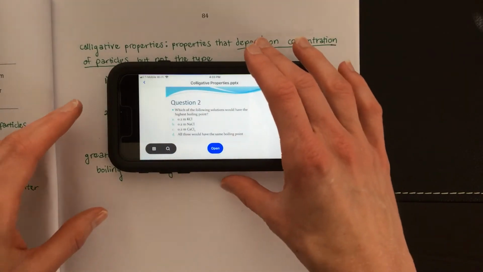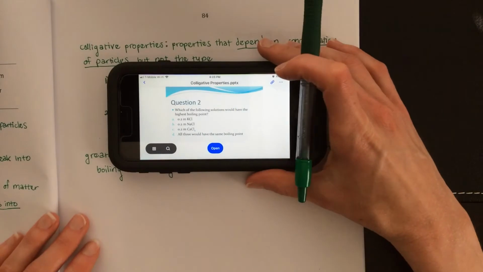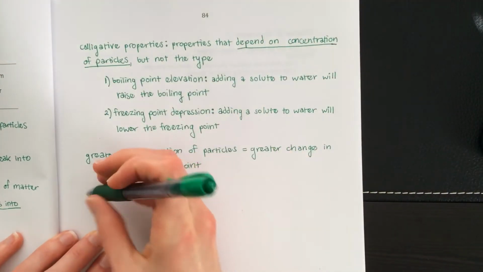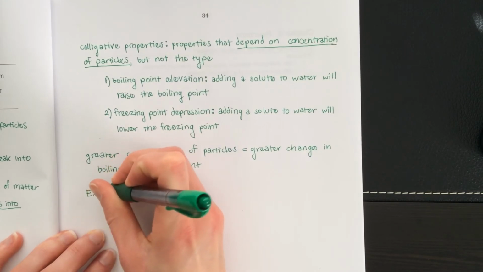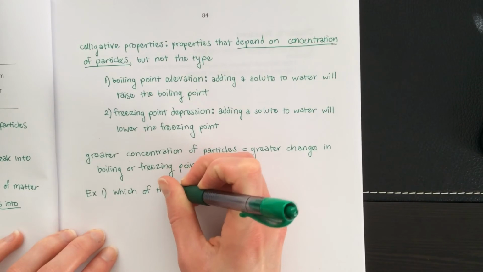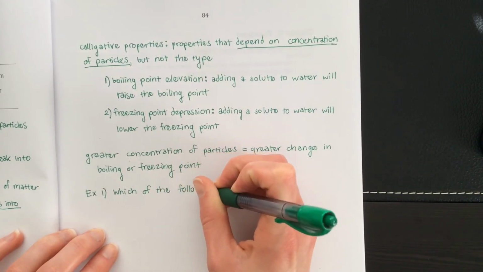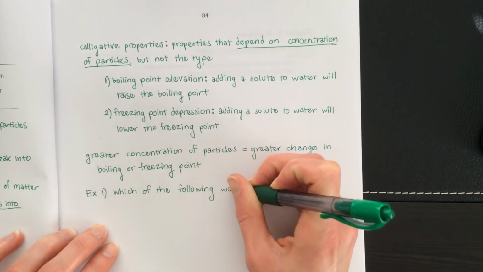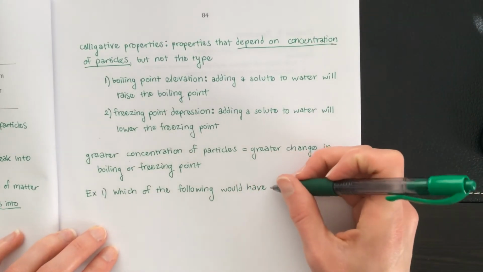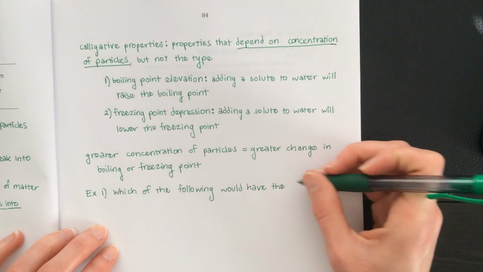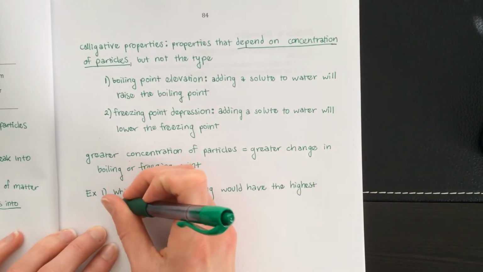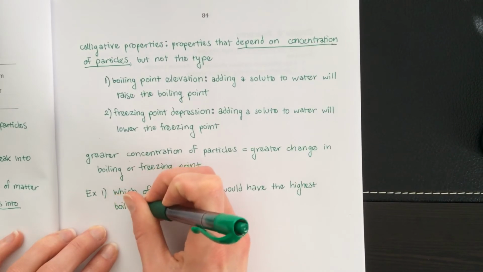Now, this one, we're actually going to write down. We'll do example 1. Which of the following would have the highest boiling point?